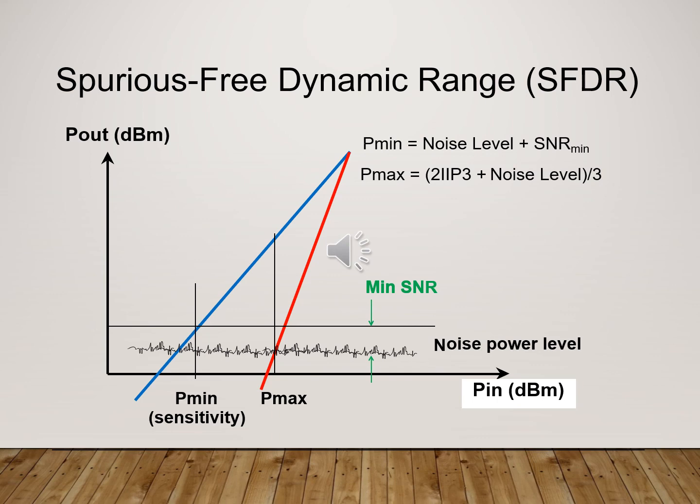It is more accurate than the dynamic range. It depends on the minimum power, which is equal to the noise level plus the minimum SNR, and the maximum power, which is equal to 2 multiplied by the third intercept point plus the noise level, over 3. You can see its equation in the next slide.